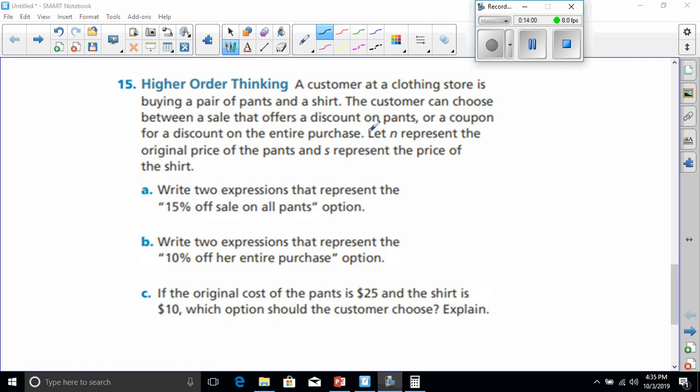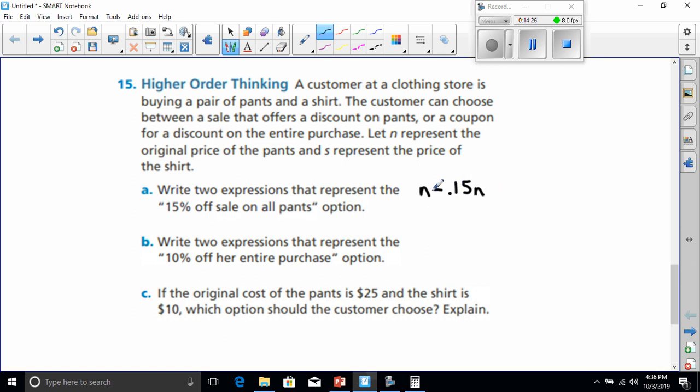Well, they said that N is going to represent the original price of the pants. So if that's the case, this is going to be N minus 0.15 N, right? Because the pair of pants is one pair, and I have to subtract 0.15 from it.